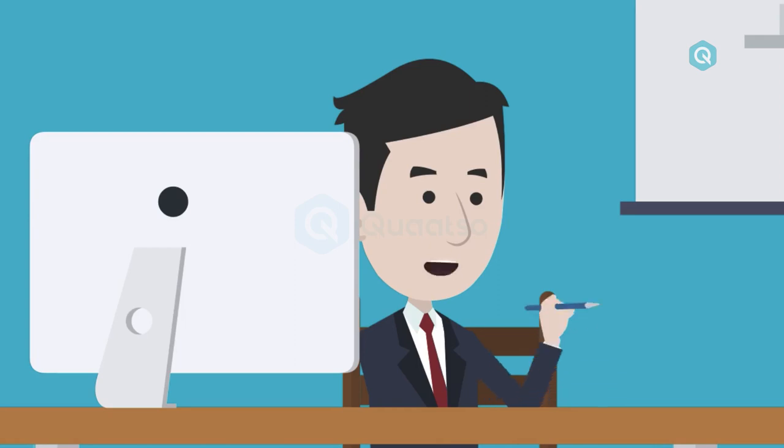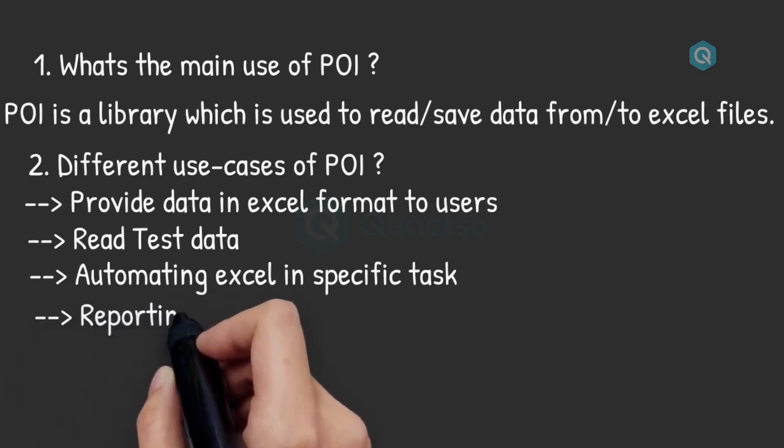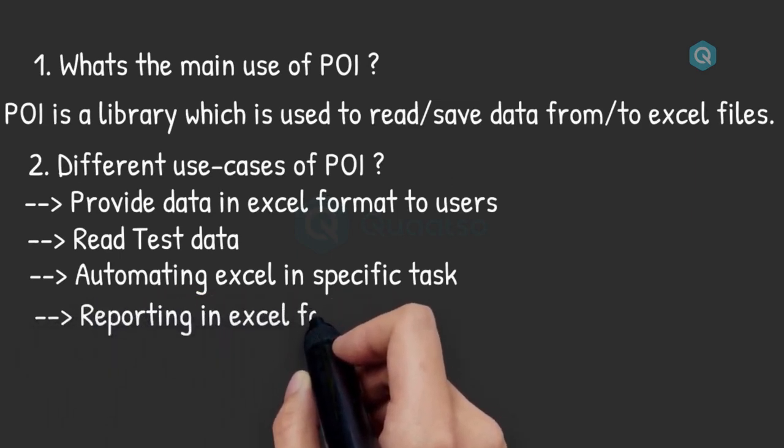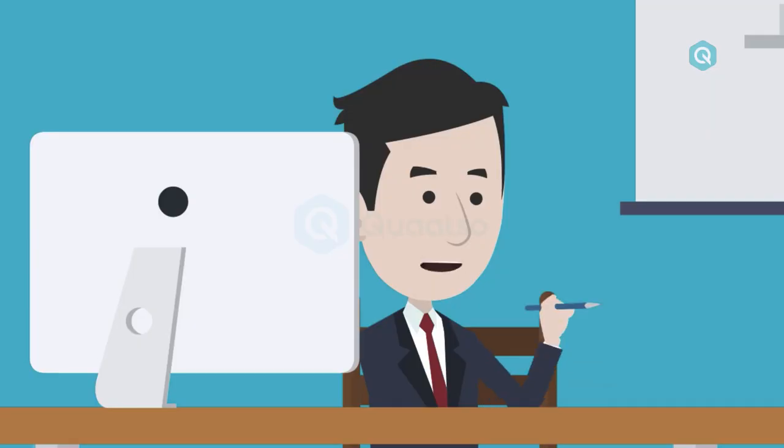There are many applications which provide you a report in Excel format, similar to a banking application. So, reporting in Excel format. Okay, that's enough use cases. So, if we know how to read and write Excel files using Java, we can automate this process by writing logic in our program. Let's start learning this super cool API by its installation.